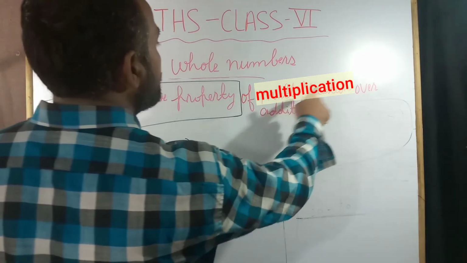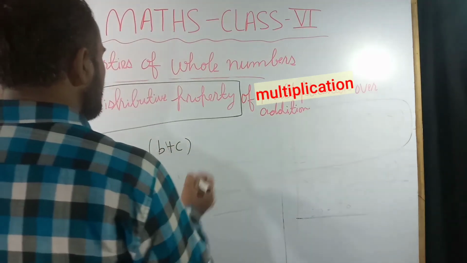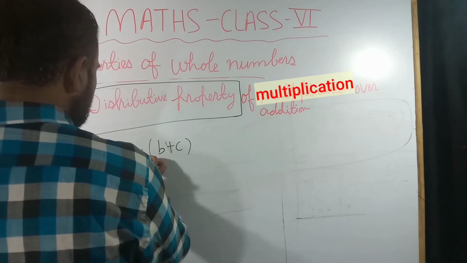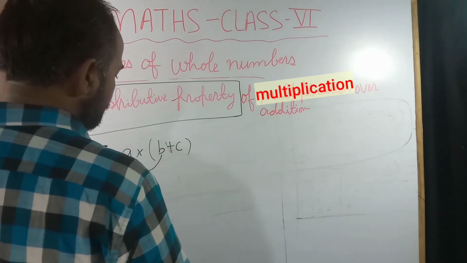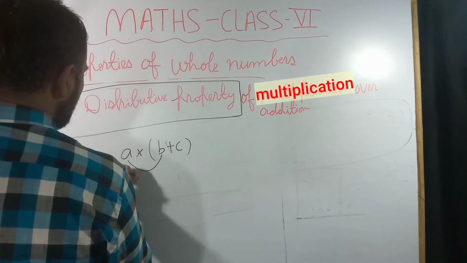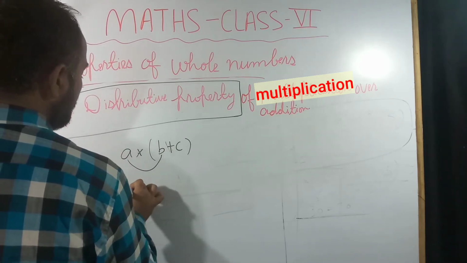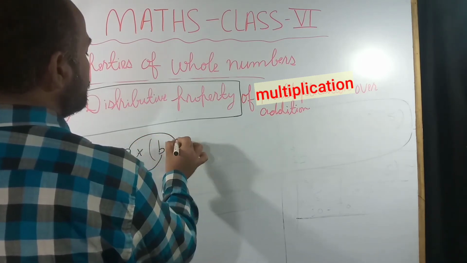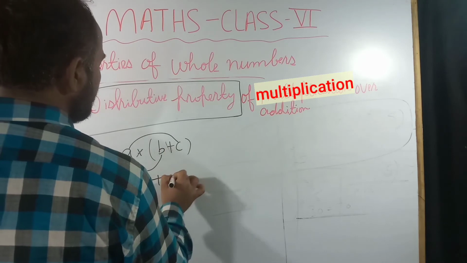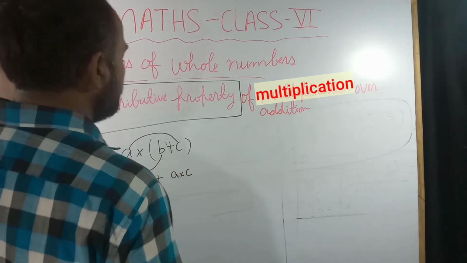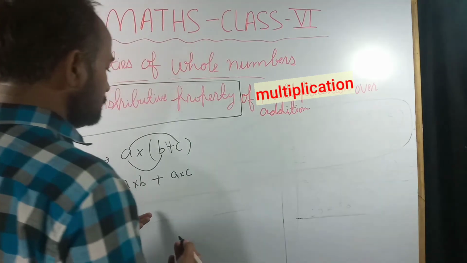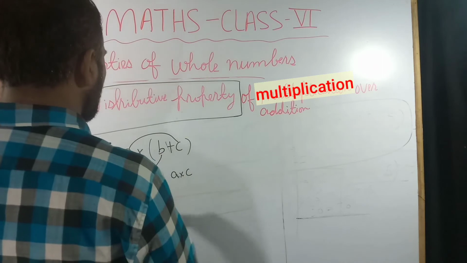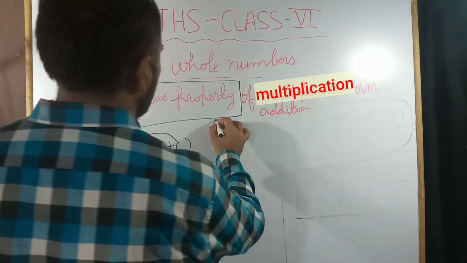So multiplication over addition. Clear? According to this property, we will multiply a with b first, a multiply b, and after that a will be multiplied with c. Then we add them.